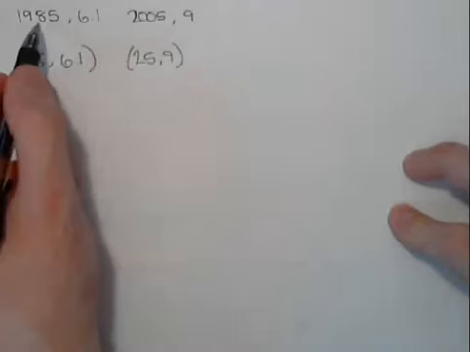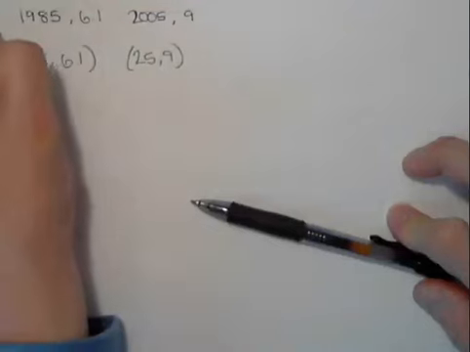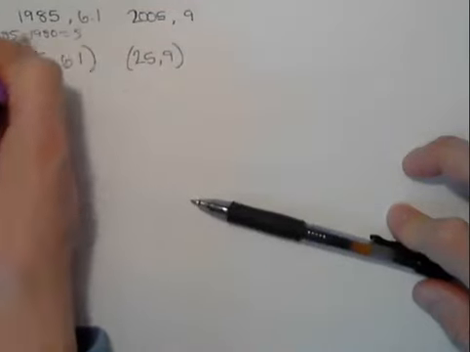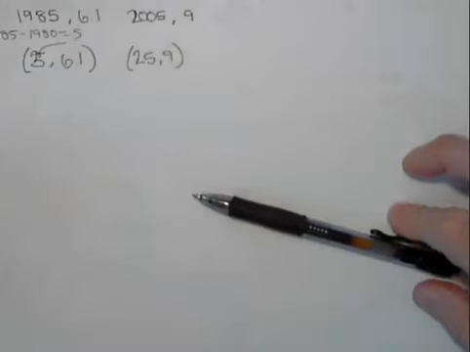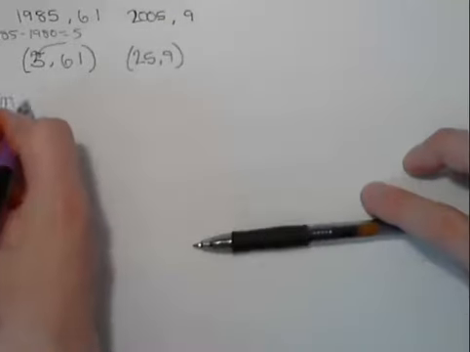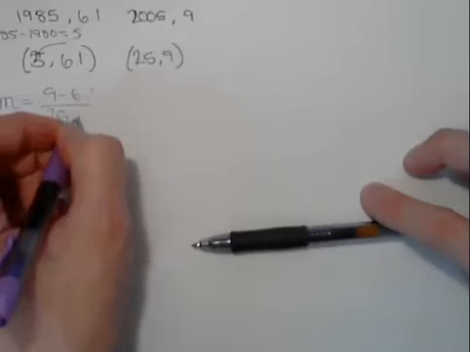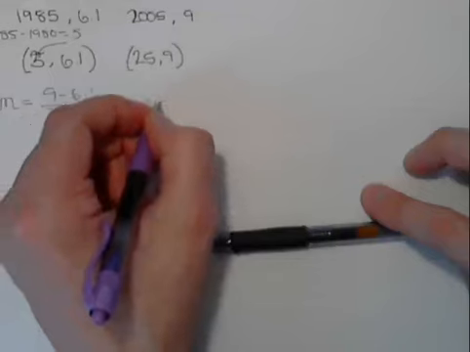T is years since 1980, so 1985 minus 1980 equals 5, which gives us 5 years or T years, and similarly we get 25 years. So the slope in this case is equal to 9 minus 6.1 over 25 minus 5, which is 0.145.